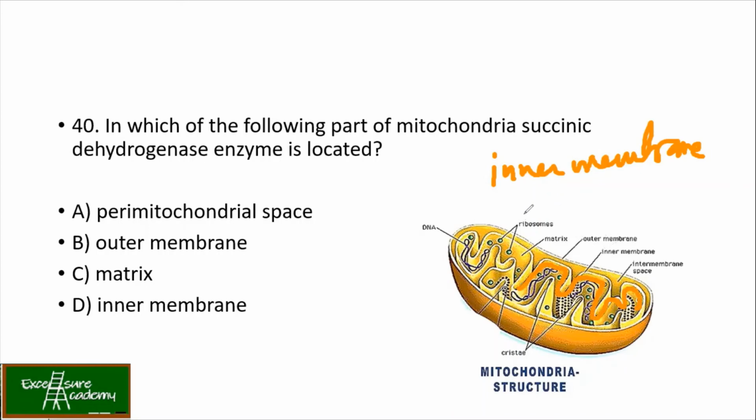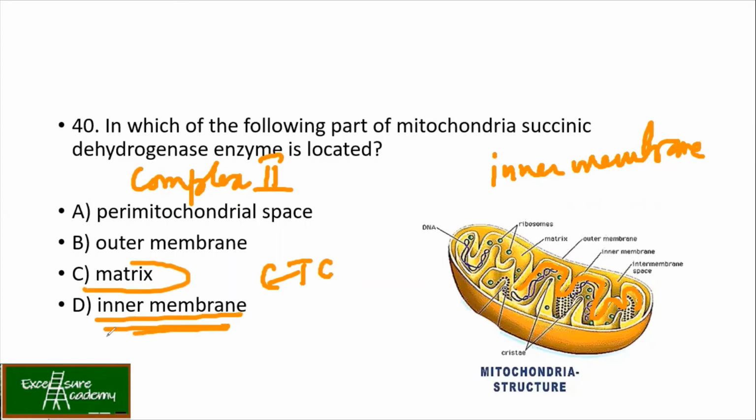So it is very clear that the succinate dehydrogenase enzyme, which is also called complex 2 in the ETC, the electron transport chain, is present on the inner membrane.